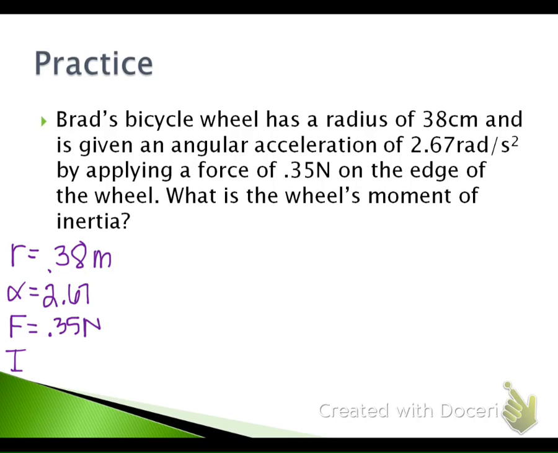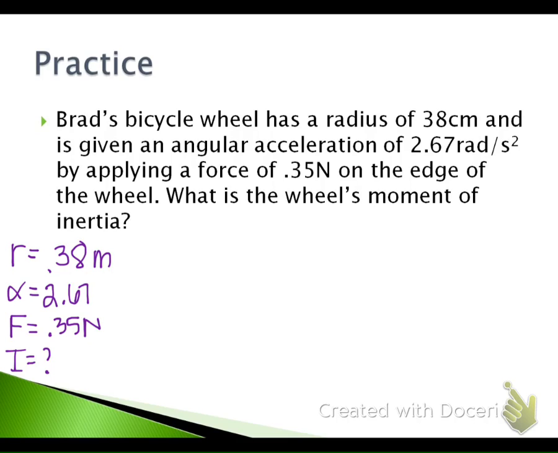And we're solving here for I. So what should be our process of trying to solve this? If we want to use our moment of inertia equation, we need to have mass. But do they give us mass? No. So we've got to go down an alternate route here.